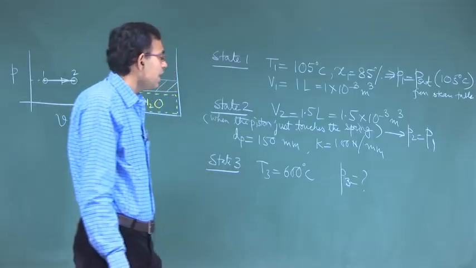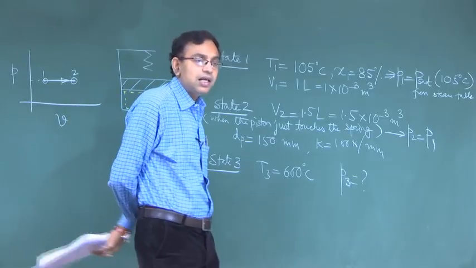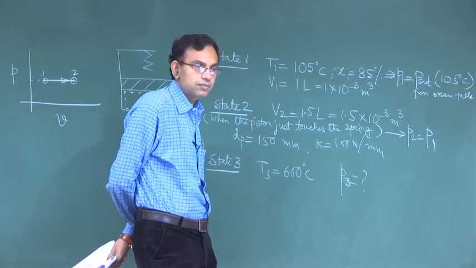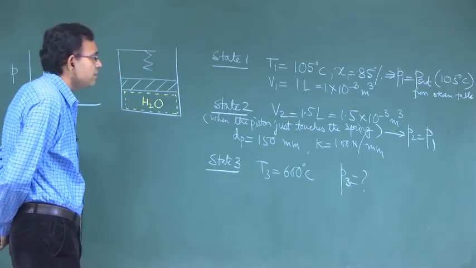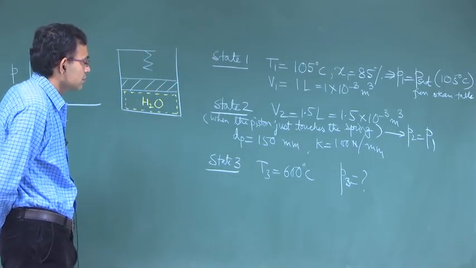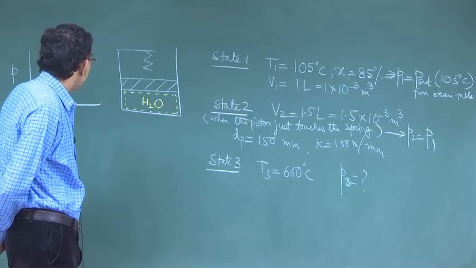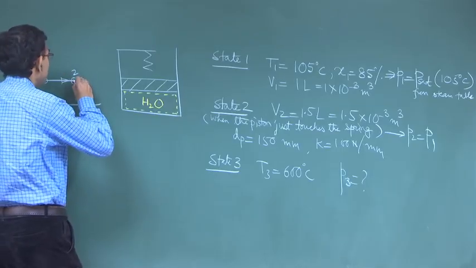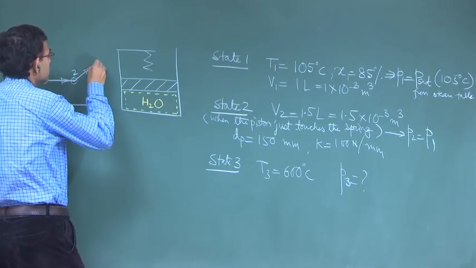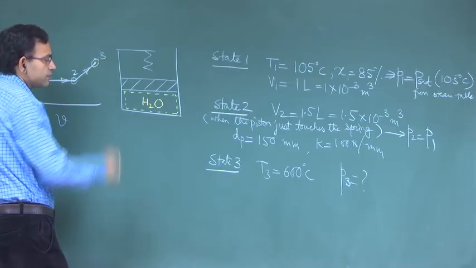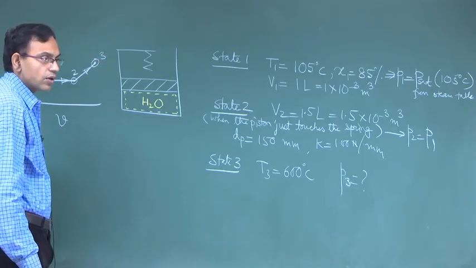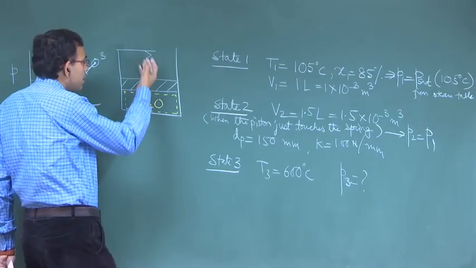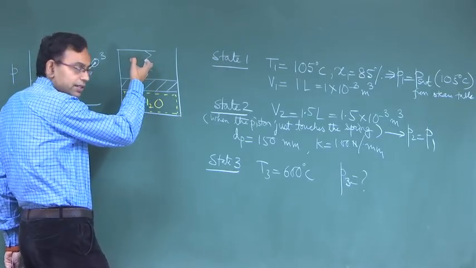From 2 to 3 it encounters a linear spring. Because it encounters a linear spring, the pressure from 2 to 3 will be a straight line like this, with pressure increasing because the resistance pressure is also increasing.